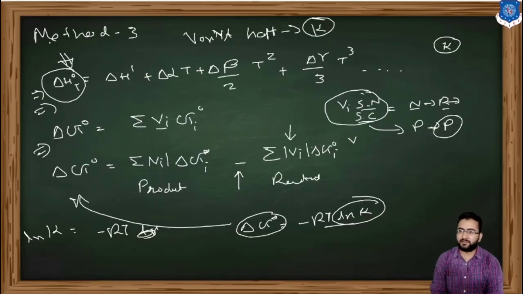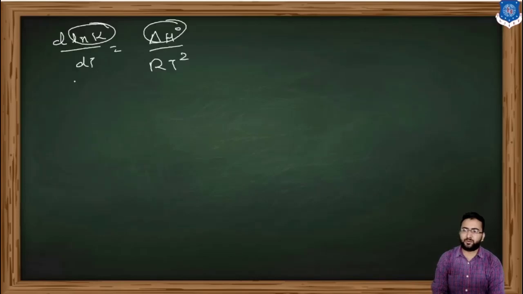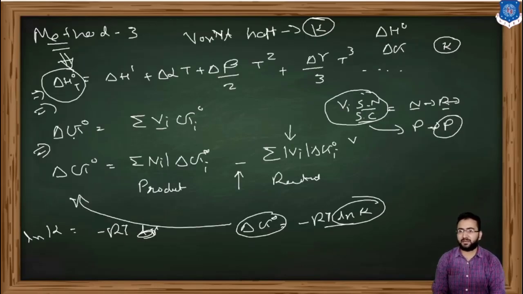Now let's discuss method 3, in which we use the values of delta H naught and delta G naught. If we get the value of delta H naught, we just put it in the van't Hoff equation and we get the value of ln K. And if we get the value of G naught, the Gibbs free energy, it is equal to the summation of Vi Gi, where Vi is the stoichiometric number.